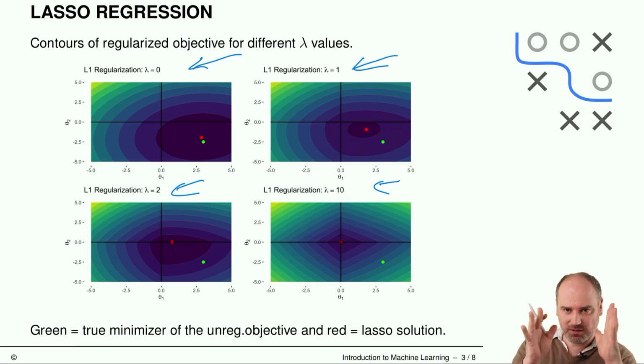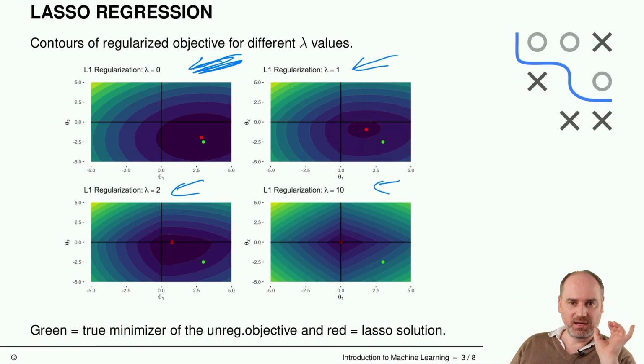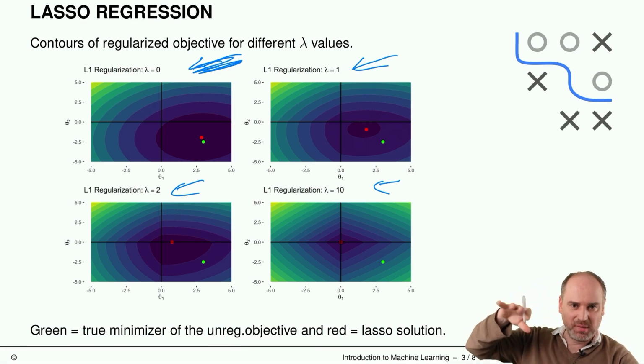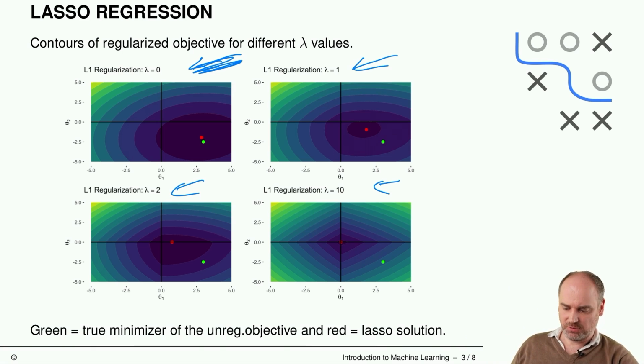I start with a quadratic form, the loss of my unregularized linear model, and then mix in the non-differentiable part of the L1. You can see how the objective more and more changes shape when I mix in more of the L1 penalty by driving up lambda.